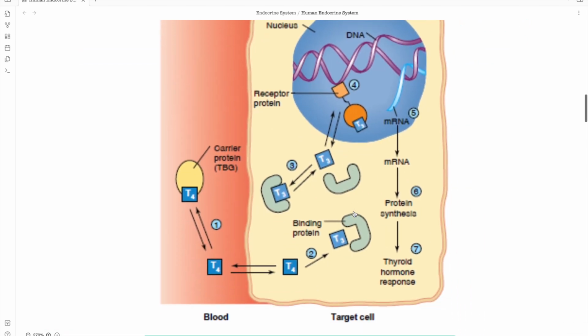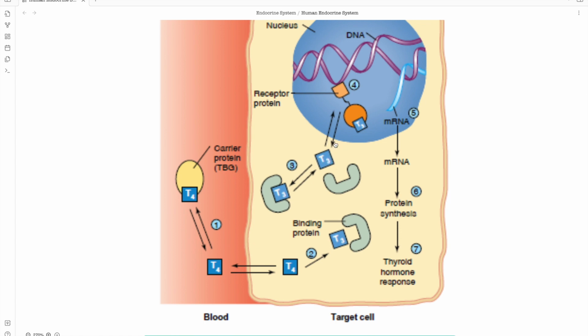T3 contains a binding protein. Remember, this is not the receptor for T3, this is just the binding protein for T3, which will take this T3 from the periphery of the cell to the internal side of the cell near the nucleus. When this binding protein and T3 complex comes near the nucleus, this complex is disintegrated and T3 gets out.